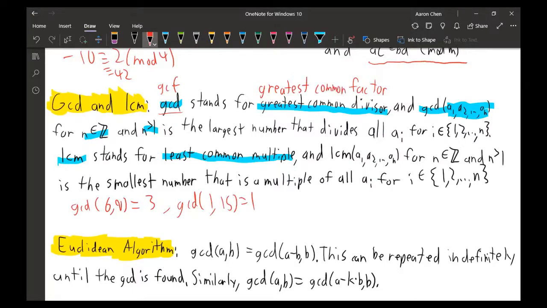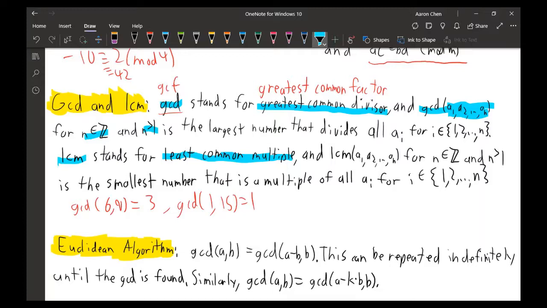It's just that the word that gets abbreviated is different, from greatest common divisor to greatest common factor, but more commonly the thing that is used is GCD. As far as I'm concerned, there are no other alternate ways of writing LCM, unless you want to include the brackets, but those are confusing.